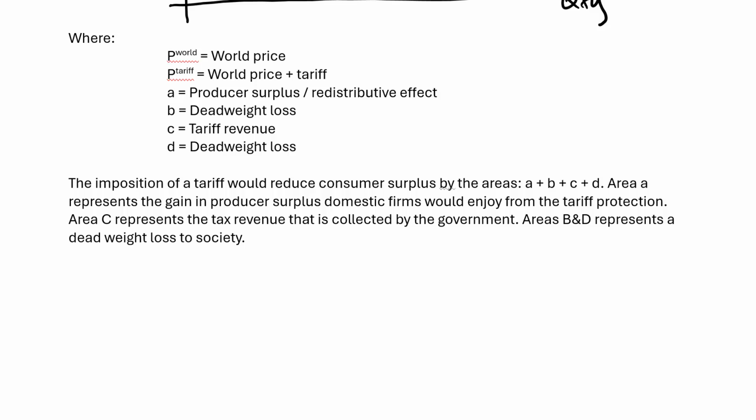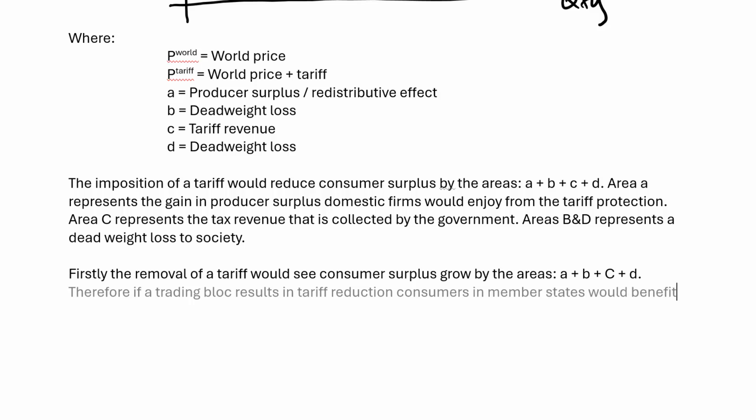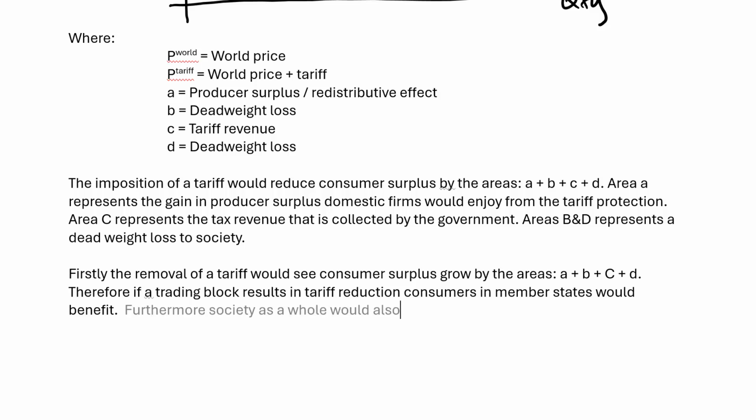Conversely, the removal of a tariff would see consumer surplus grow by the areas A plus B plus C plus D. Therefore, if a trading bloc results in tariff reduction, consumers in member states would benefit. Furthermore, society as a whole would also benefit as the deadweight loss is able to be recovered.